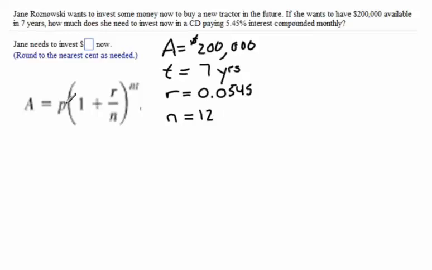So since it's P times this quantity and we want to solve for P, we're going to divide both sides by 1 plus R over N to the NT.